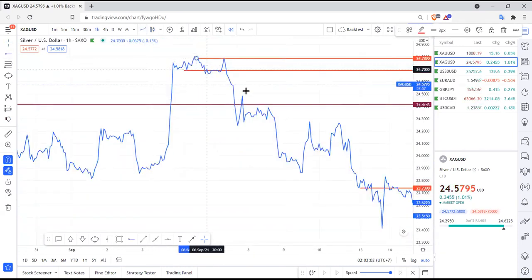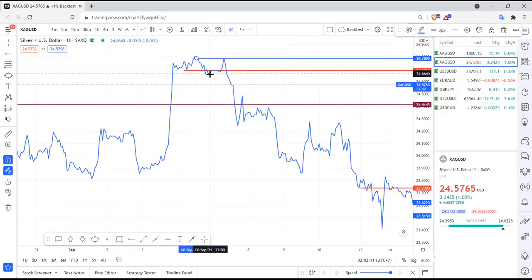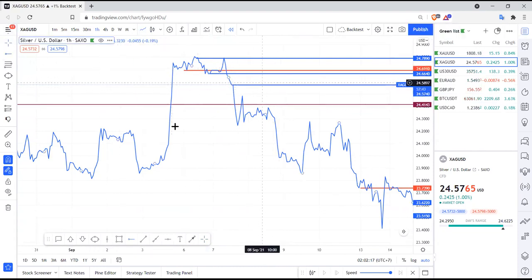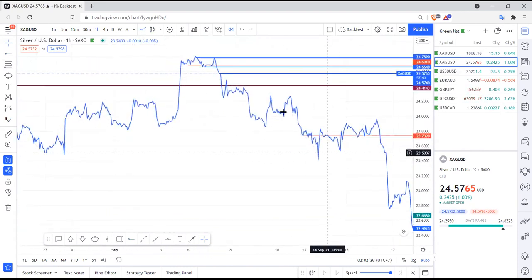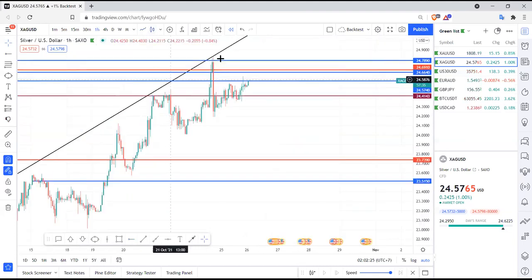I will mark in here, I'm using blue in here. So I just mark all the H1 breakouts and see which one price respects. Then price touched the latest H1.